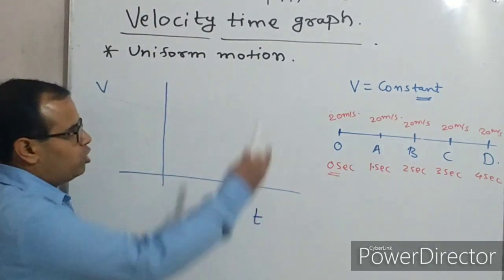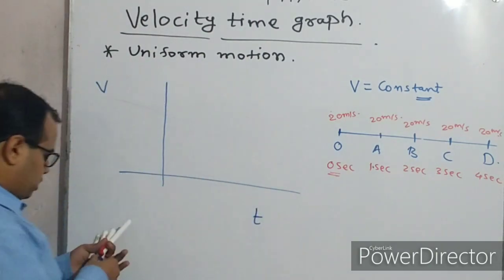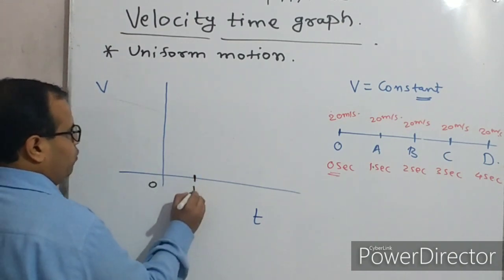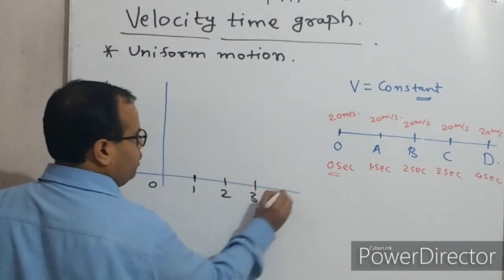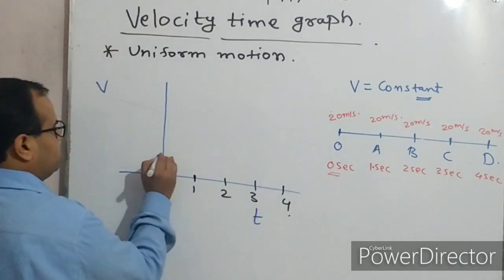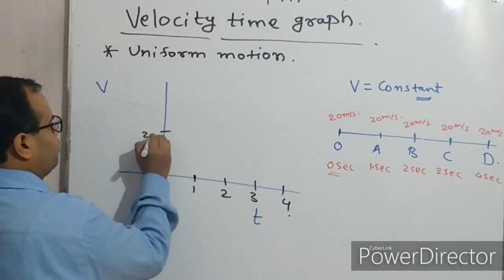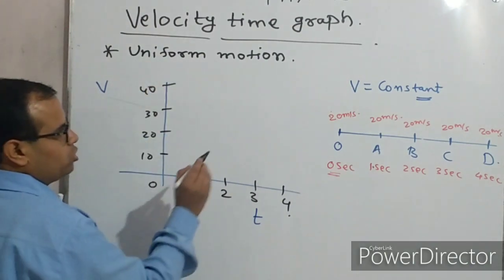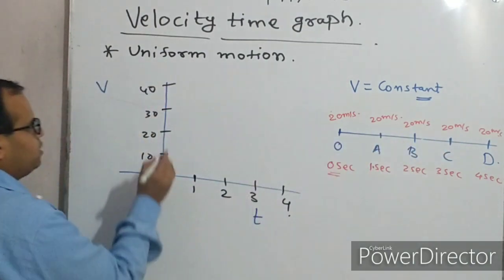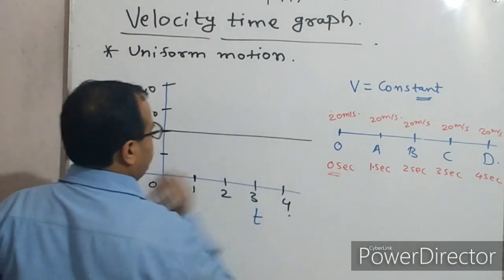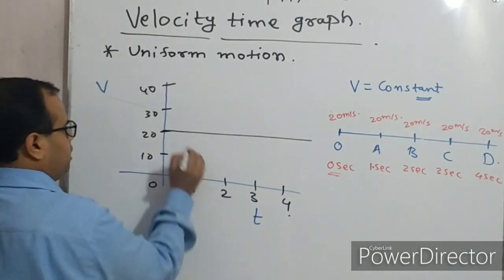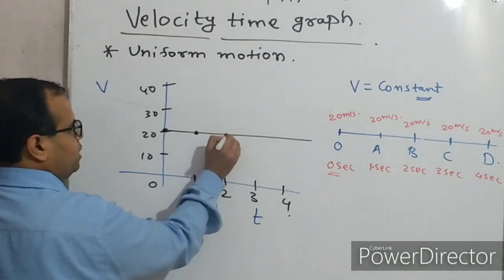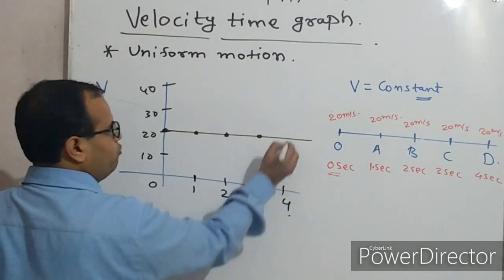So this is what we have, and if we plot it here, these are the axes, 0, then 1, 2, 3, 4 like this, and this is 10, 20, 30, 40. Now at all points the velocity is 20 meter per second. You can see here at 0 second it is here, at 1 second it is here, at 2 seconds here, at 3 seconds here, at 4 seconds here.